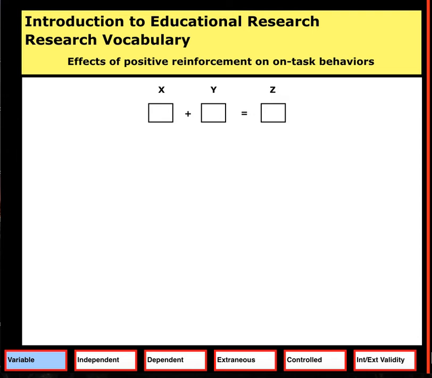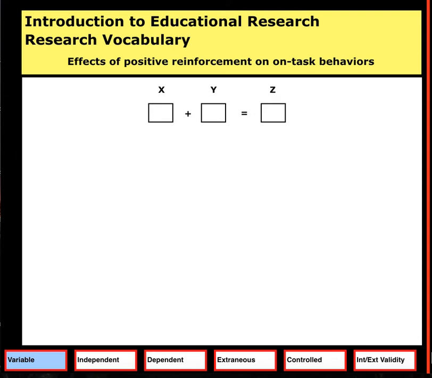Variables were usually designated by letter names like X and Y and Z and so on. As you can see on your screen, we have 3 variables, X, Y, and Z. That particular algebraic expression says if we add the value of variable X to the value of variable Y, we'll get the value of variable Z.